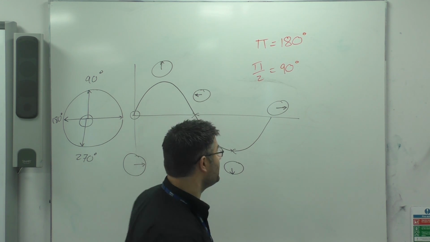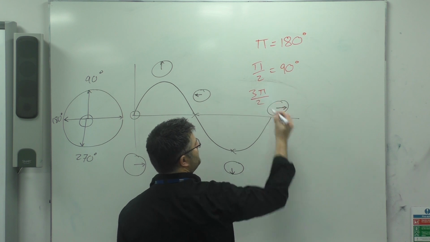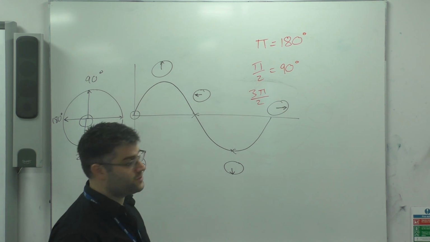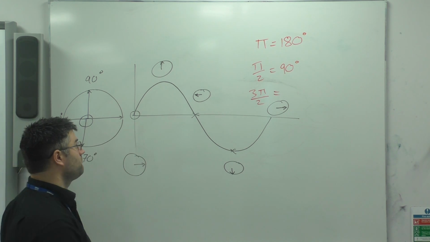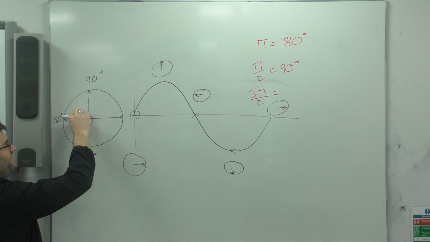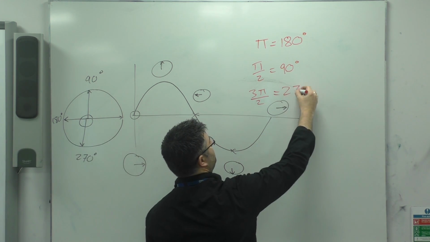Or we could say it's 3 pi over 2, i.e. 3/2 of pi. There's 1/2 of pi, there's 2/2 of pi, there's 3/2 of pi. And that's 270 degrees.